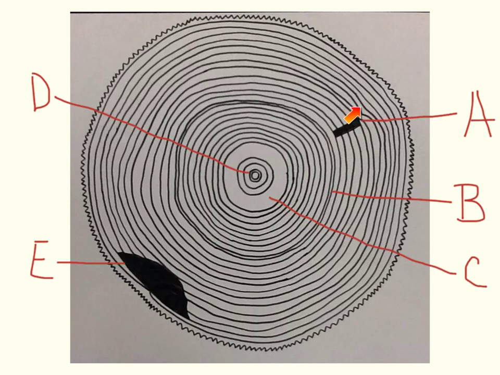Looking at the ring that is marked B, they're showing us that there is something bad that happened here. This could have been an insect attack, a drought, or an unseasonable frost. Ring C is showing this ring right here. This is a really wide ring.